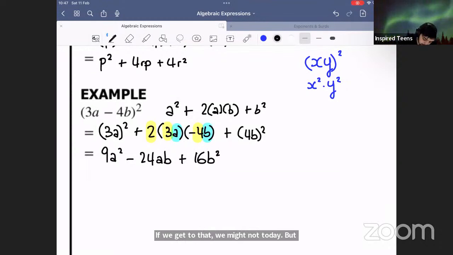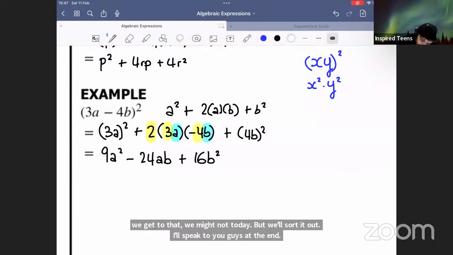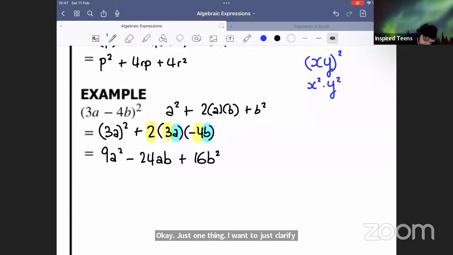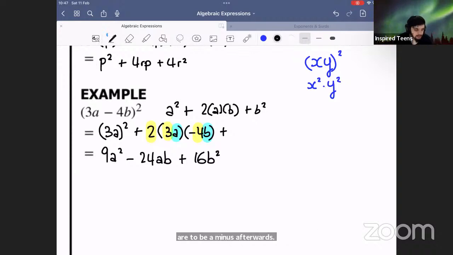Okay, just one thing I want to clarify here quickly. By the way, before we determine the sign, actually it's negative 4b squared. The plus we can put either way because it won't make a difference. If there had to be a minus afterwards, it would change to a minus if it needs to be.